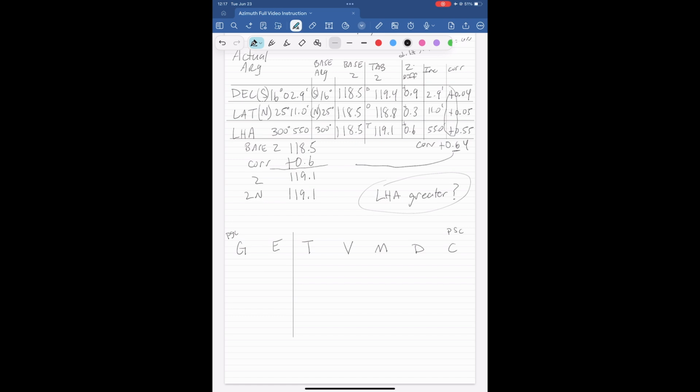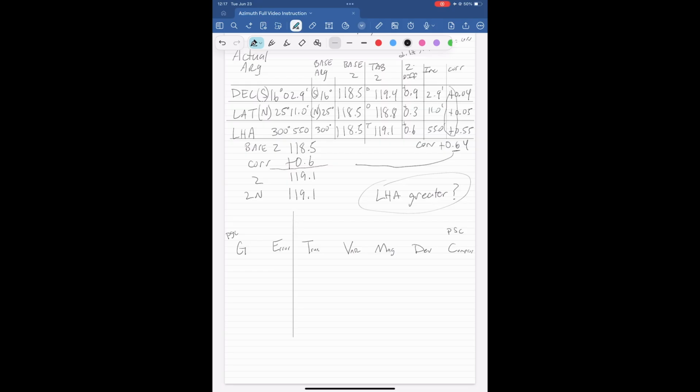T is your true. This is variation. This is magnetic. This is deviation. This is obviously compass. And this is your error. Pretty sure if you're this far along, you guys know this already, but let's write it down anyway.